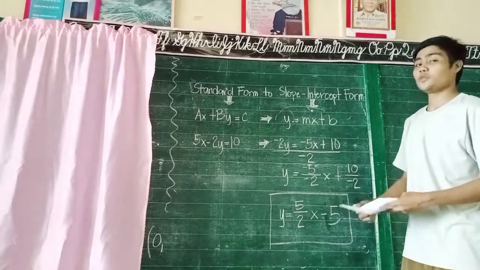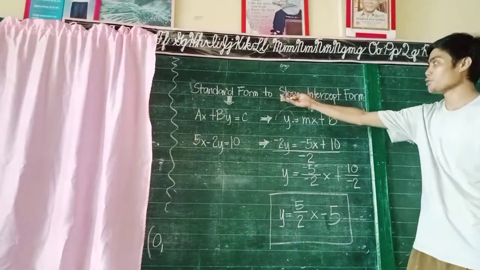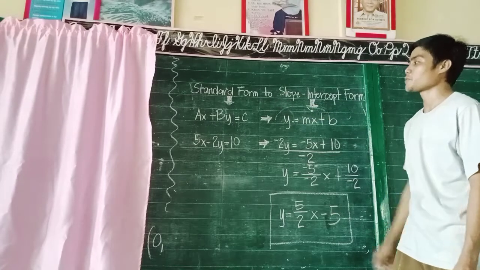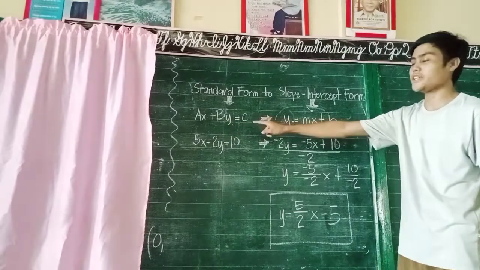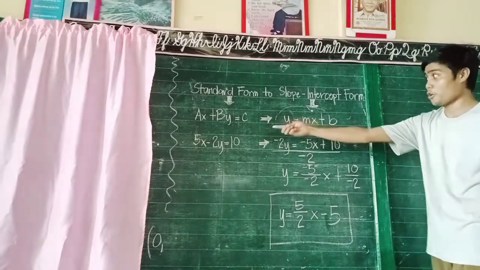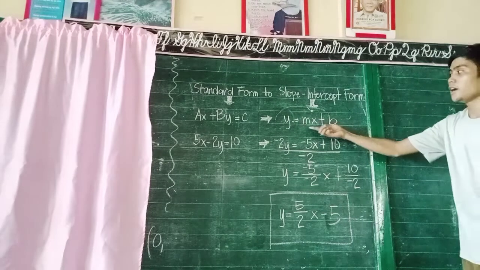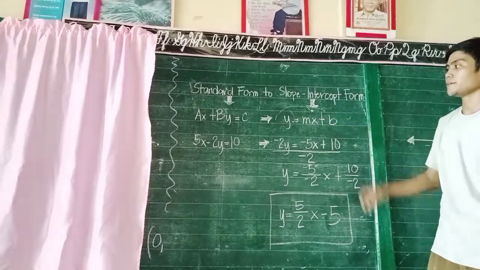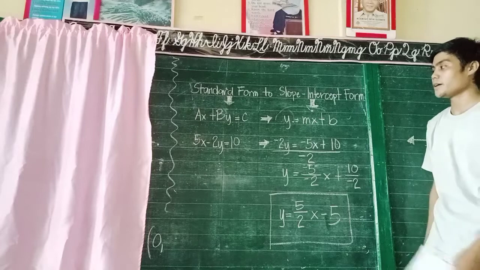So here we would transform standard form to slope-intercept form. The standard form formula is Ax plus By is equal to C, and we would transform it into the slope-intercept form formula, y is equal to mx plus b, to get the value of the slope.